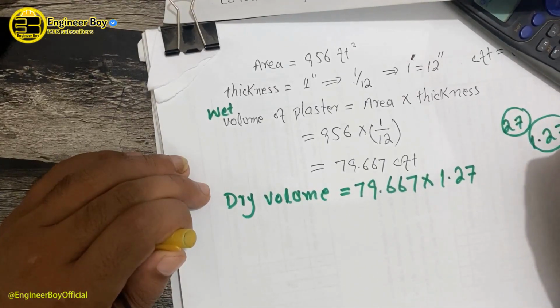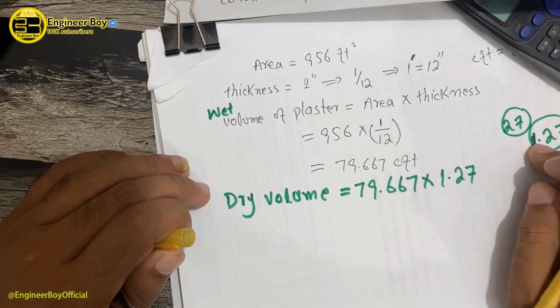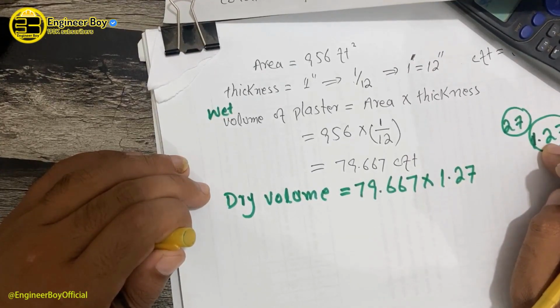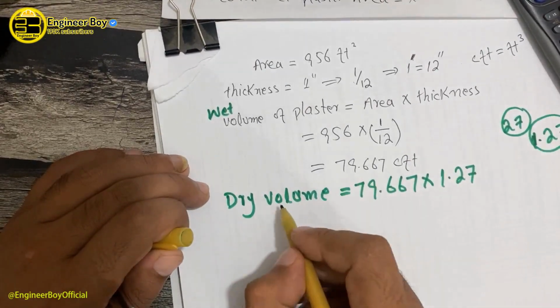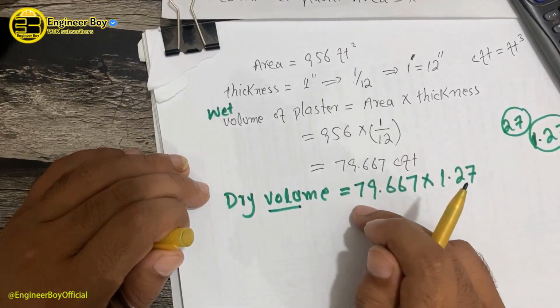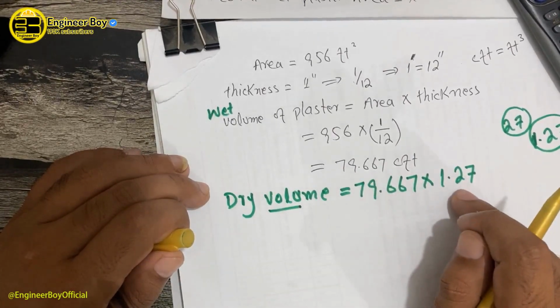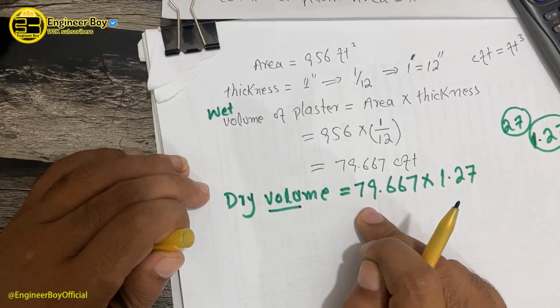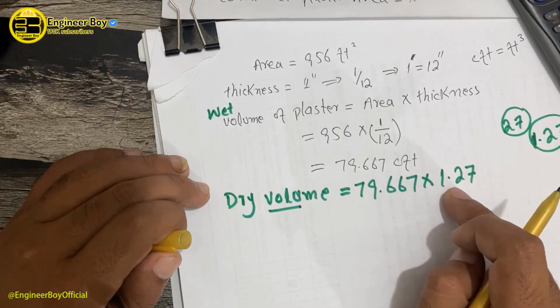I have a detailed video on this, so you can watch that to learn this in detail. Here you just have to understand, in short, that the dry volume is the wet volume times 1.27.